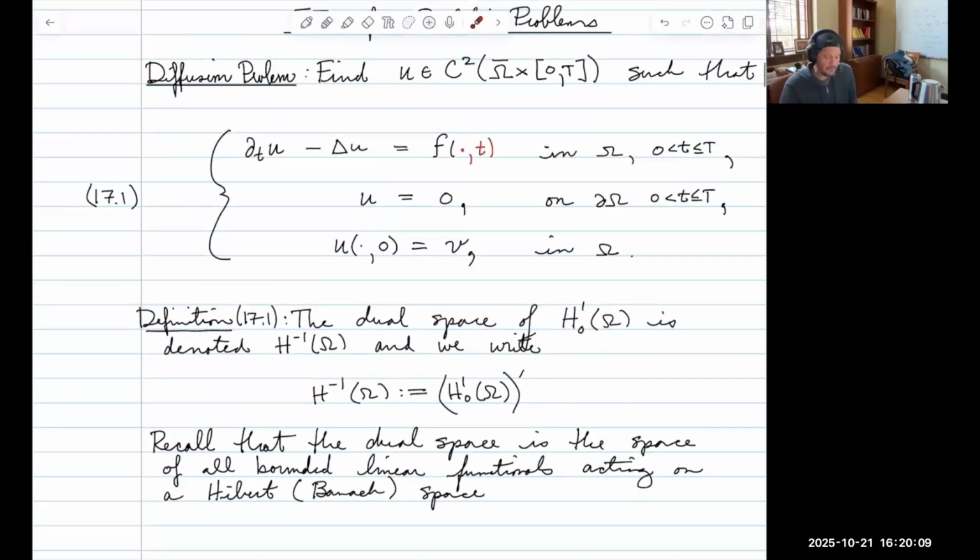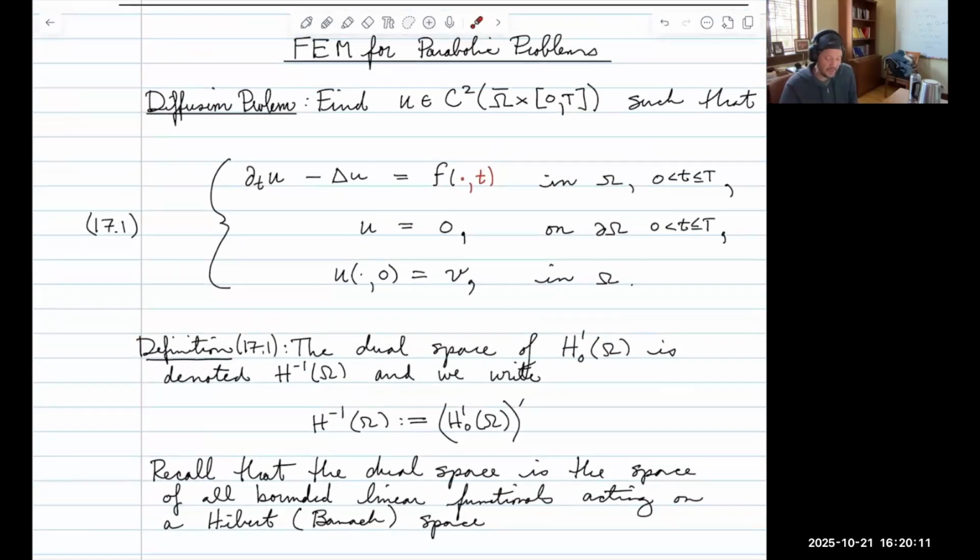Now, to properly pose this in the weak sense, I need to give you a little bit more machinery from functional analysis, or the theory of linear spaces, I guess. We discussed this sort of stuff when we teach the course 547, which is applied linear analysis.